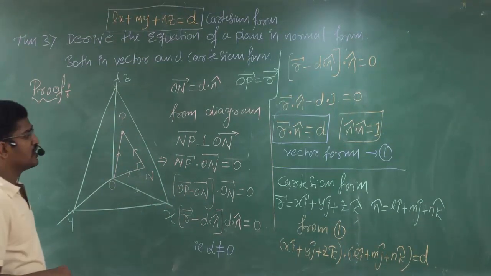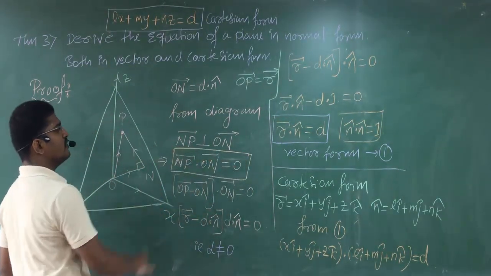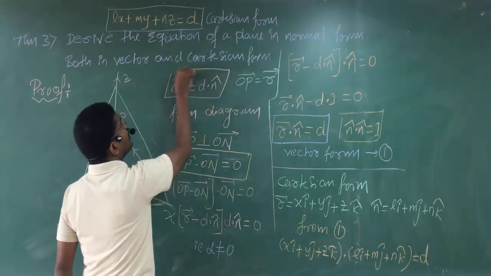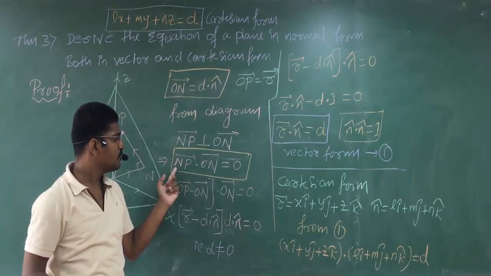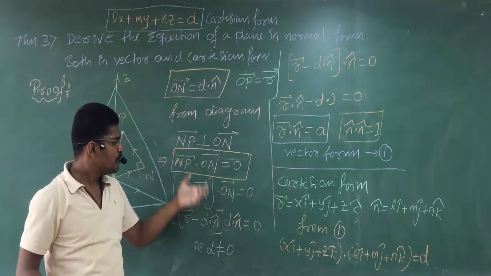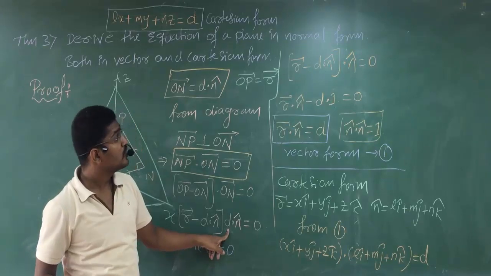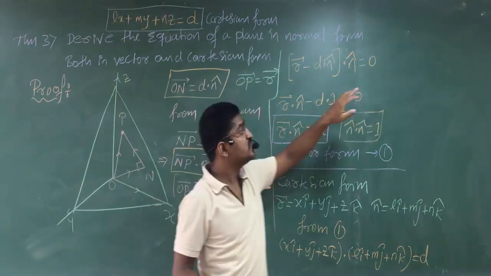So in theorem number 3, this thing is very important, as well as ON, you must remember. If you remember this, you can write NP as OP minus ON, ON as d dot n cap. You replace those terms. Here d is not equal to 0. So for that reason we get r minus d dot n cap equal to 0.